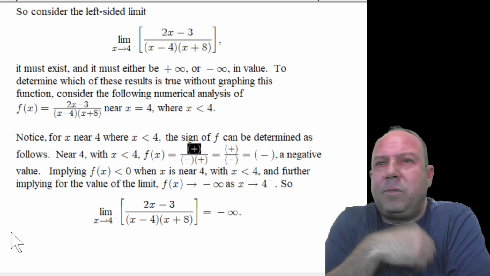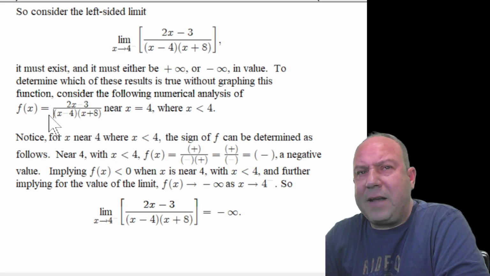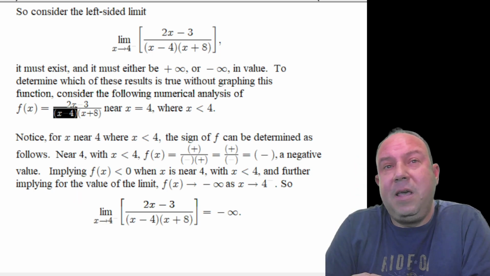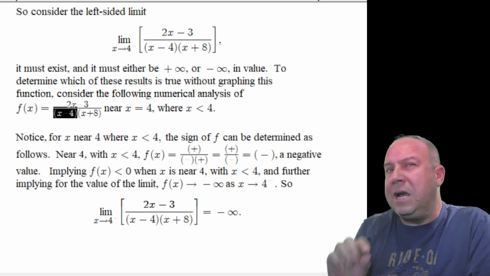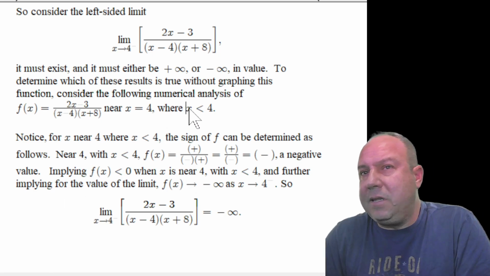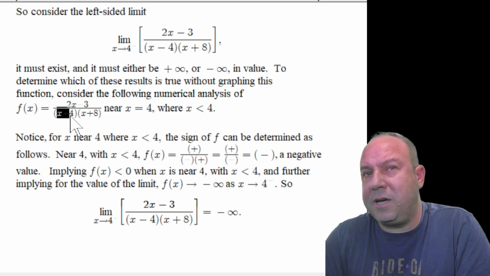Now, we perform a similar analysis on the denominator. I look at my first factor, and this is why the factored form is nice. Because I know how each of these linear factors is going to behave when I'm near 4 and a little smaller than 4. If I'm a little smaller than 4 and I take 4 away, as I do in this first factor, guess what?